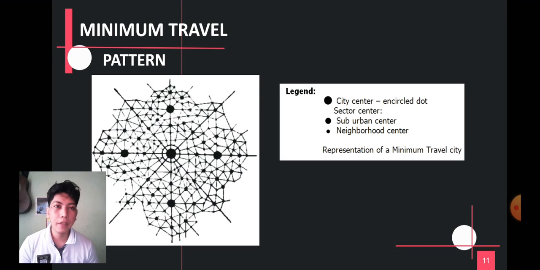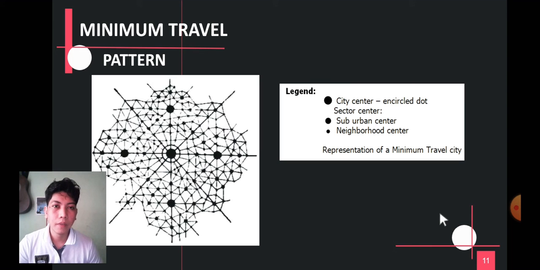And beside this diagram, we could see the legends of these dots. The main one, which is encircled, is known to be the city center, the main center or the focal point.